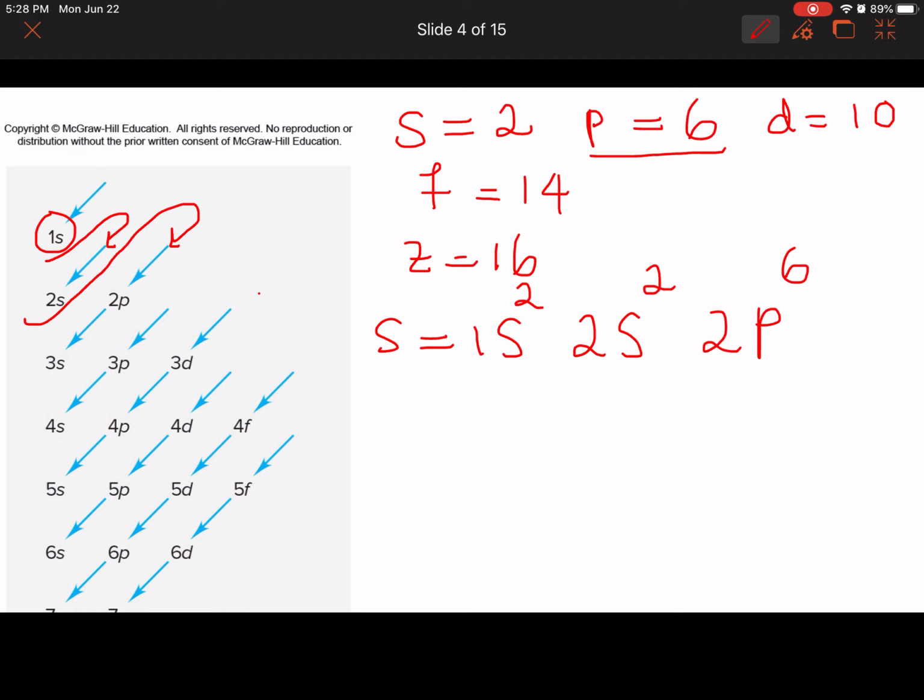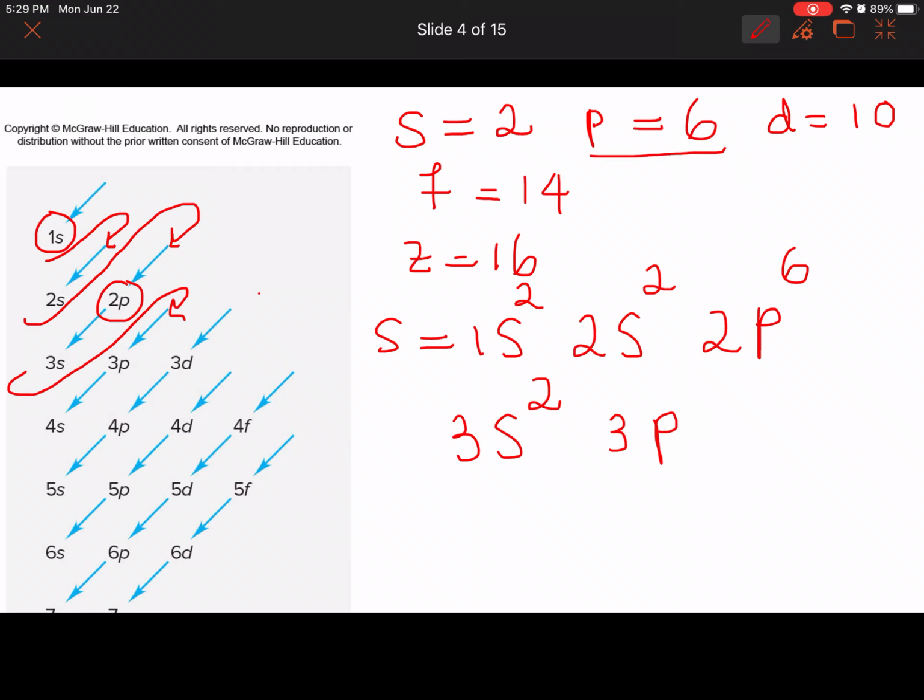So up to now, how many electrons have we filled? 1s2, 2s2, 2p6. We have filled up 10. We need 6 more. After 2p, what comes after 2p? 3s. So you're going to put your 3s. How many can s hold maximum? 2. So 3s2. After 3s, what comes next? That's going to be 3p. Now p can hold maximum 6.